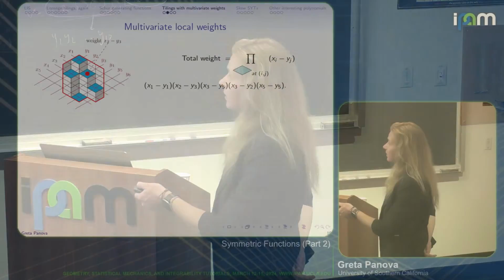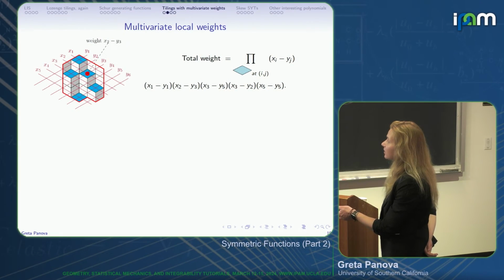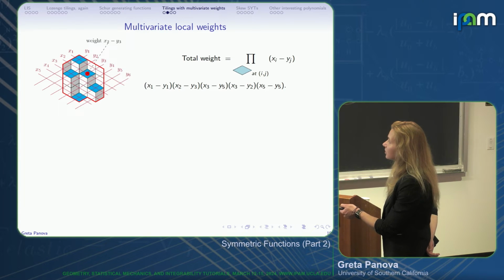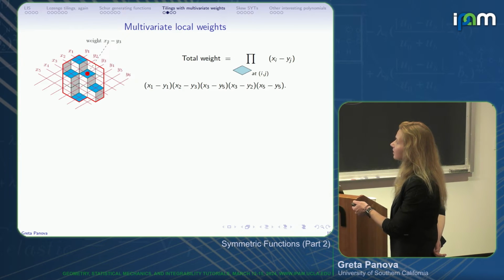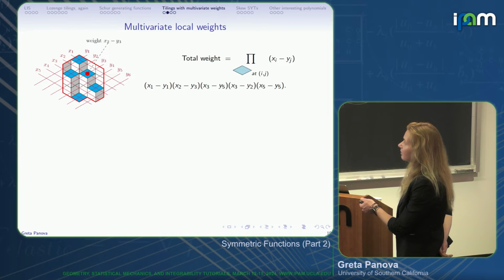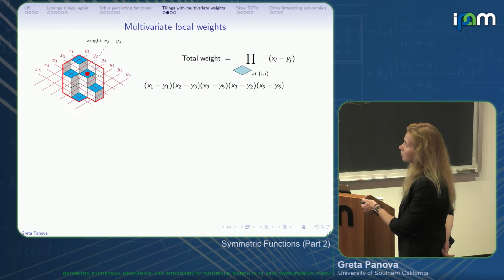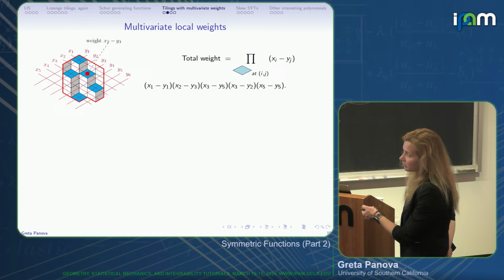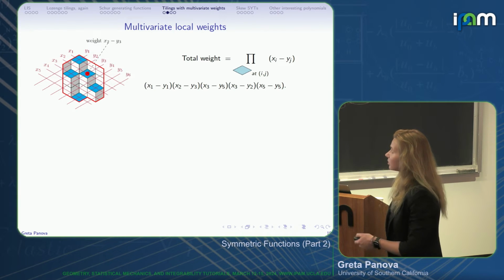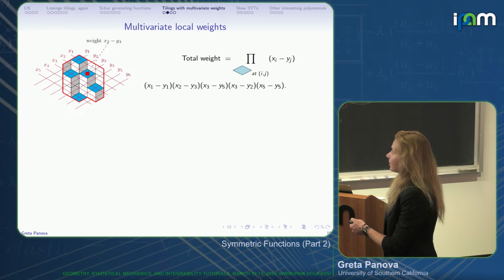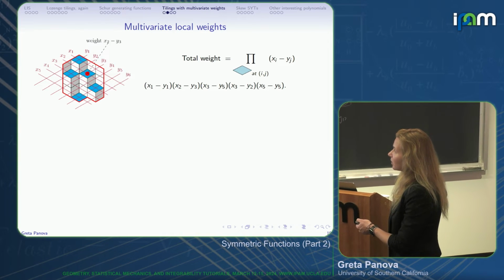So if we weigh our lozenge tiling with these lozenges, the horizontal ones have a weight x_i minus y_j. Depending on what values you put for x_i and y_j, it may have actual probabilistic meaning or not. But in this case, it's just a formal weight.